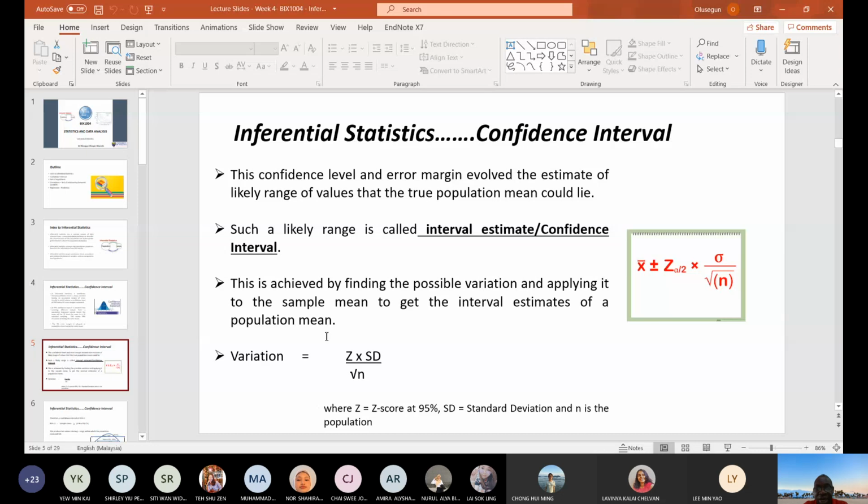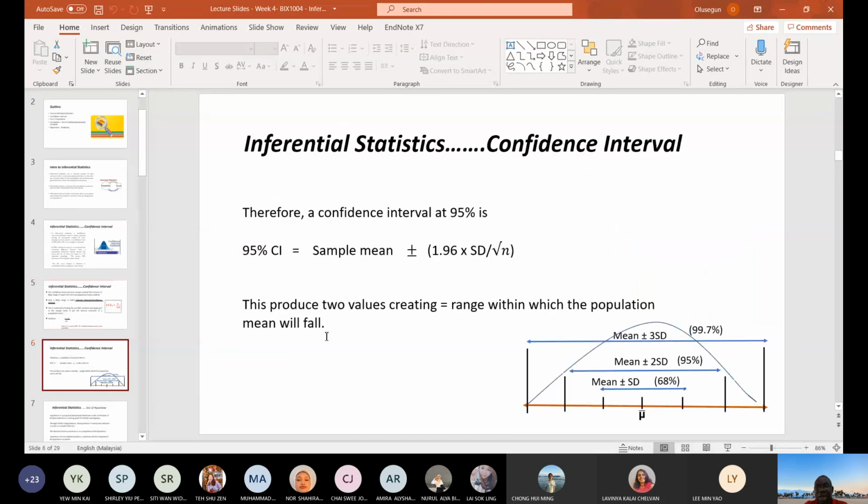an acceptable variation level. Let me explain that with this chart. Remember last time we talked about standard deviation. So here, our 95% interval will give us a sample mean plus or minus 1.96, which is a set score for the 5% error margin. It has been statistically worked out.